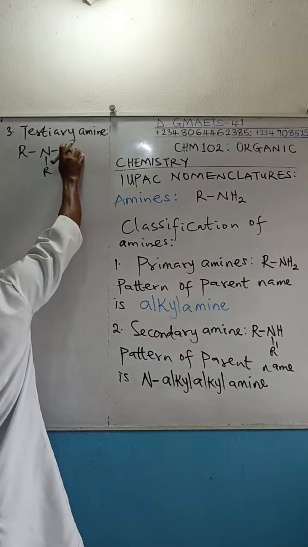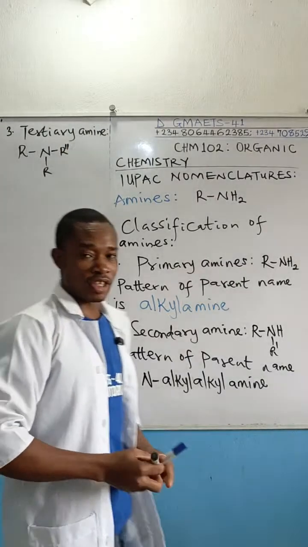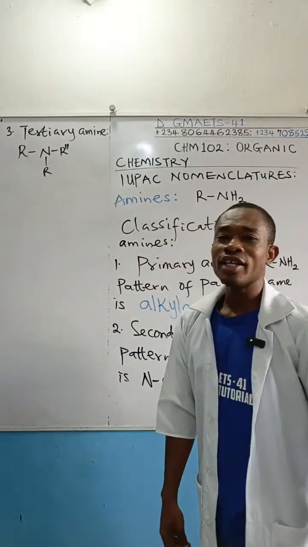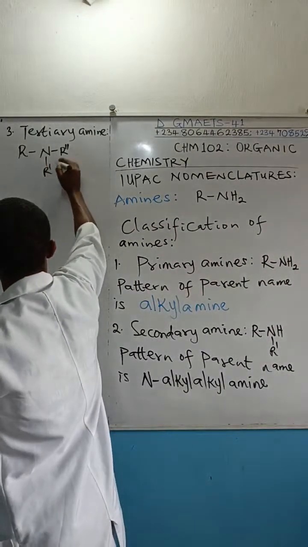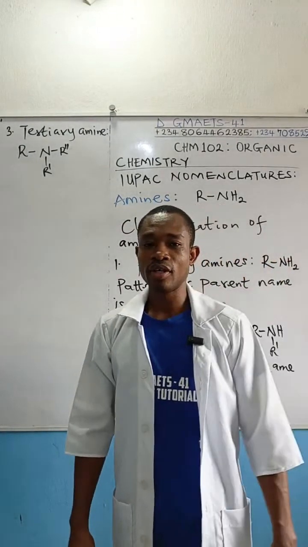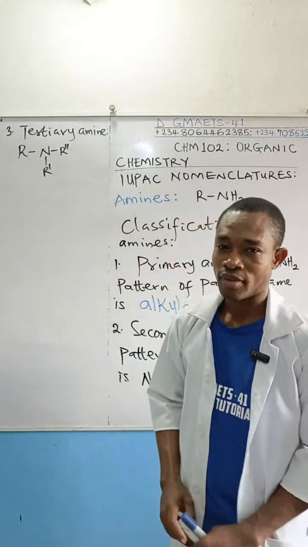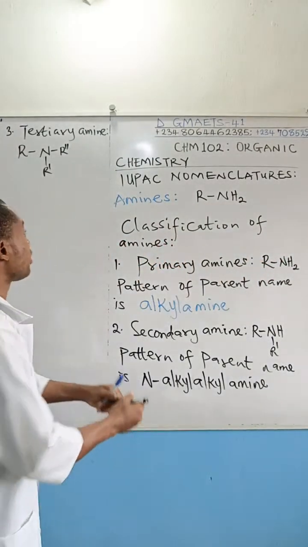So I'm using this prime to indicate a certain level of difference. Are you following, right? But it is possible for all these alkyls to be the same. It is very much possible. But I'm going to give you the name in the direction of assuming that they are not the same.